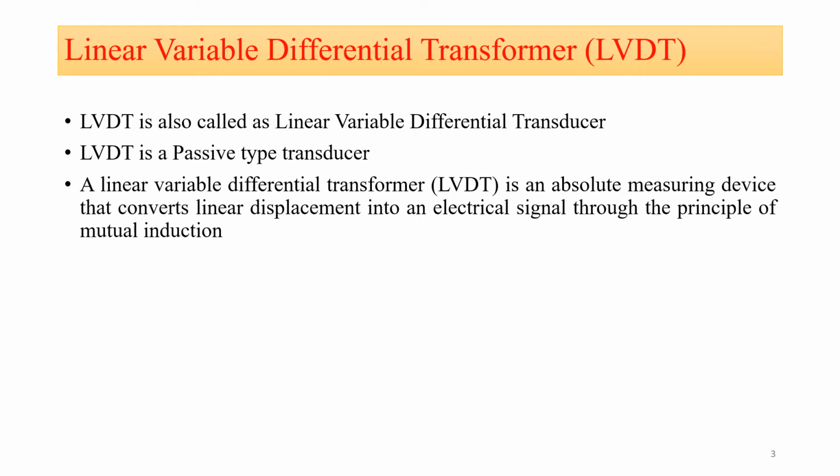That's why the input measurand, or input physical quantity, is displacement, and the output of LVDT will be the electrical signal. LVDT converts this displacement into an electrical signal using the principle of mutual induction.